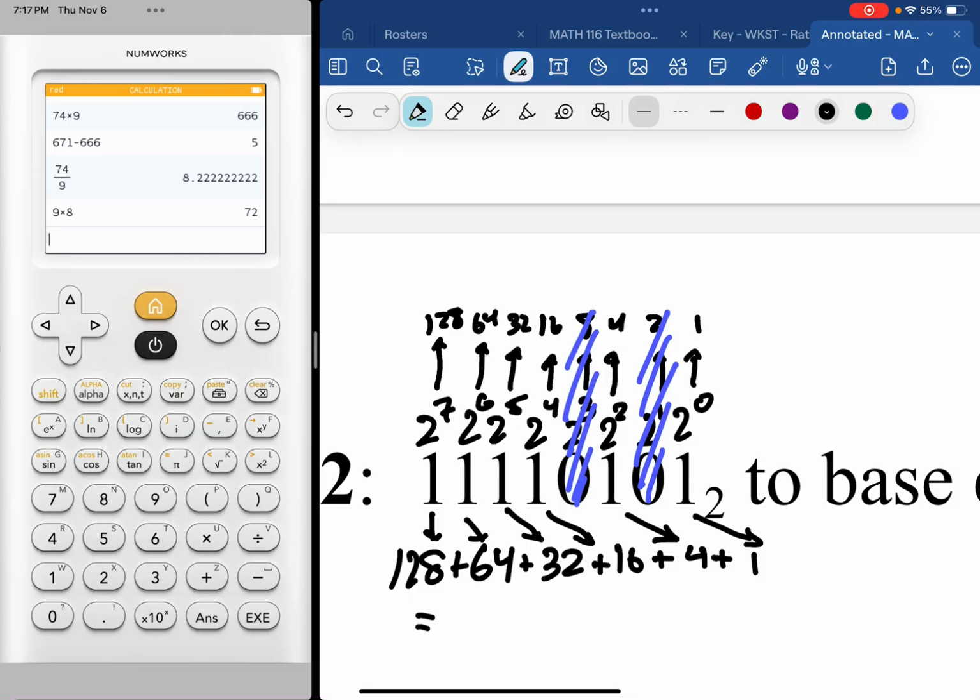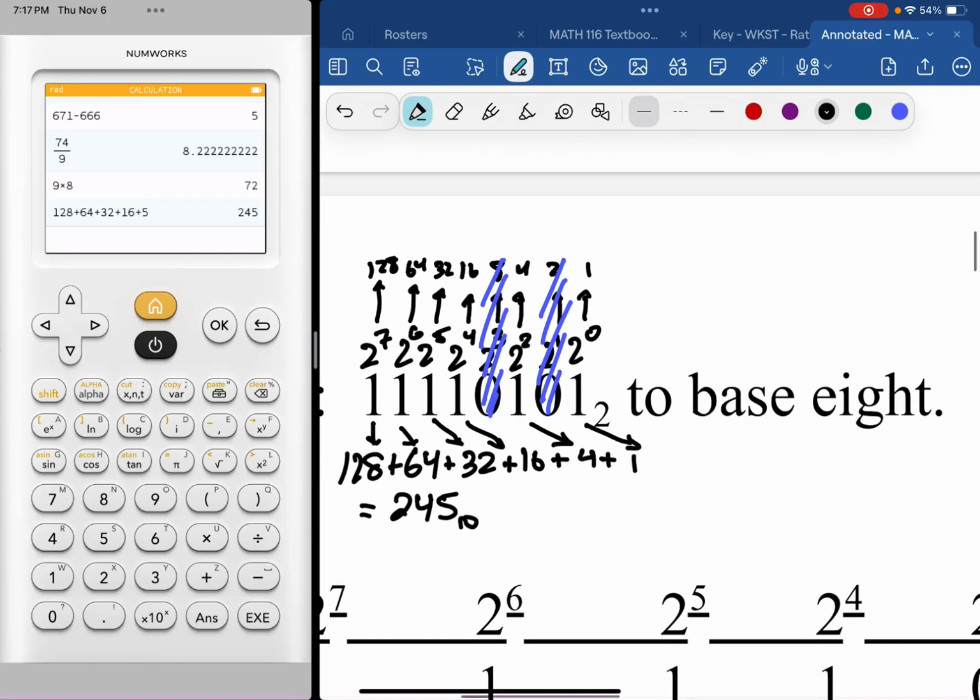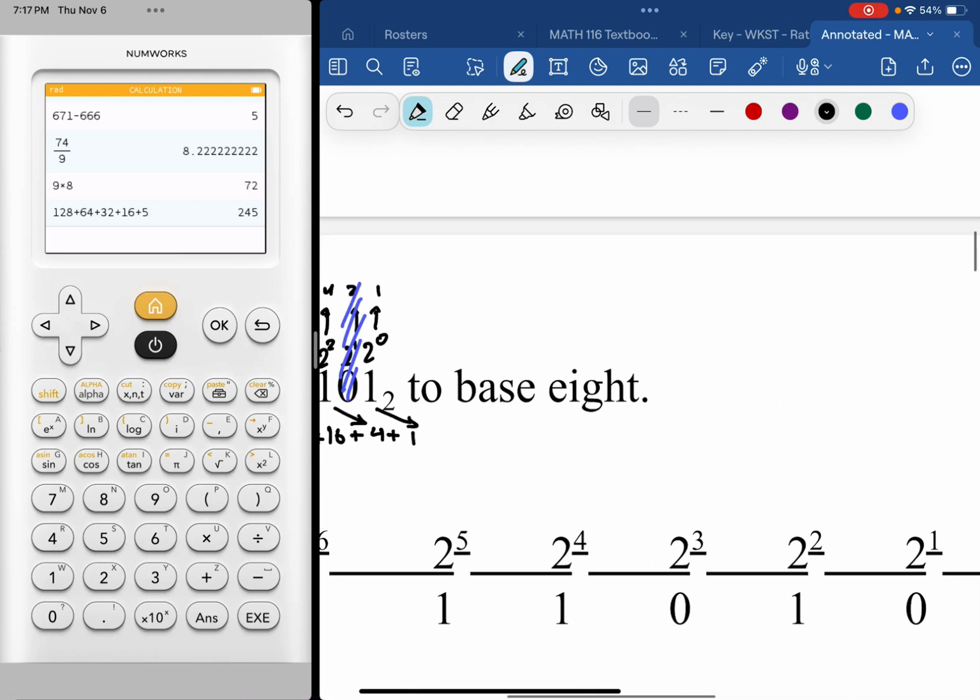Then 224, I think, and 240, 245, maybe I'll just double check. Yep, 245. So that's base 10. That move of assigning powers to it gets you over to base 10. So now we want to take that number and get to base 8.